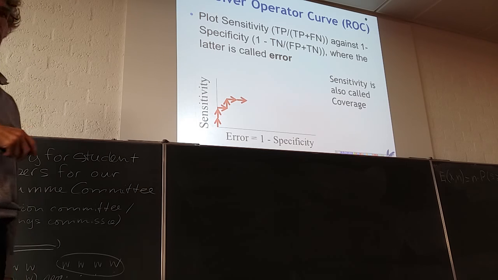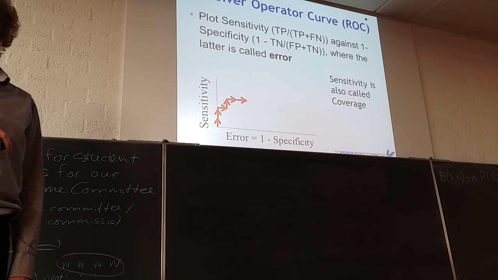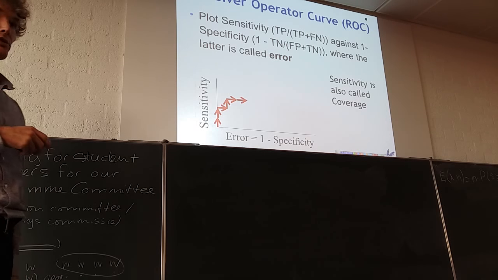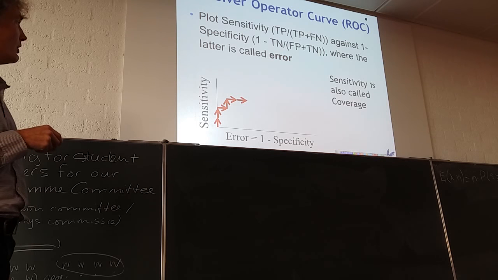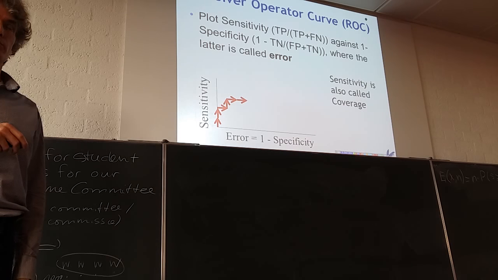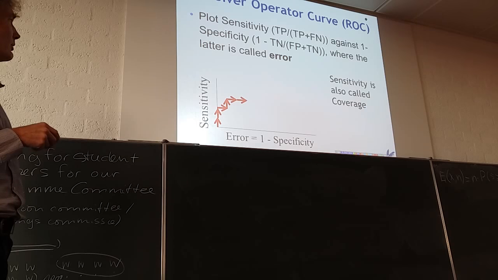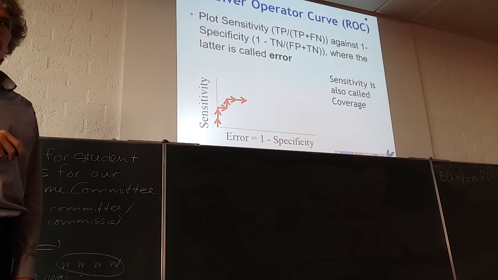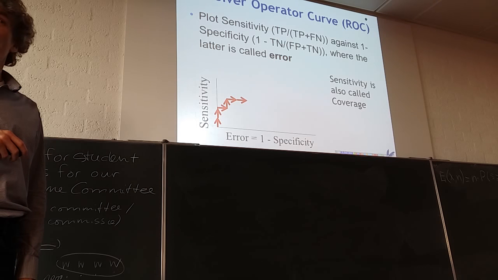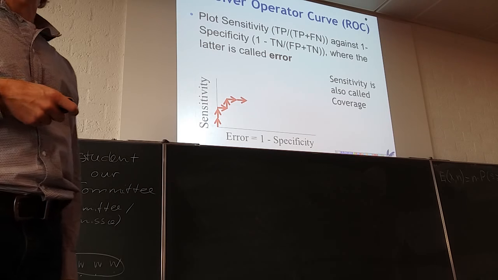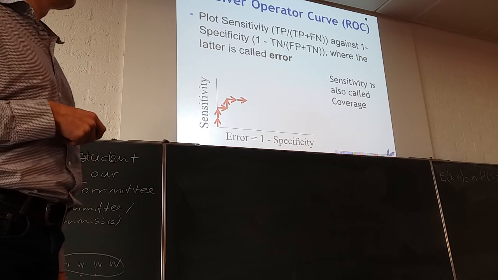Why not? There's a question. True positives go up, and false positives go to the right. But why don't you count true negatives or false negatives here?